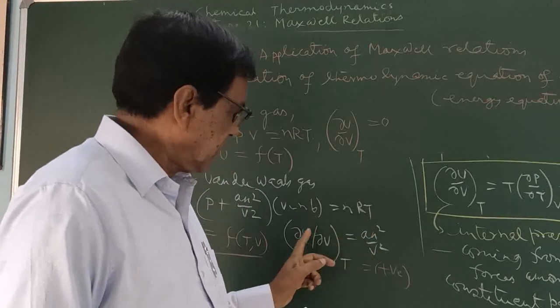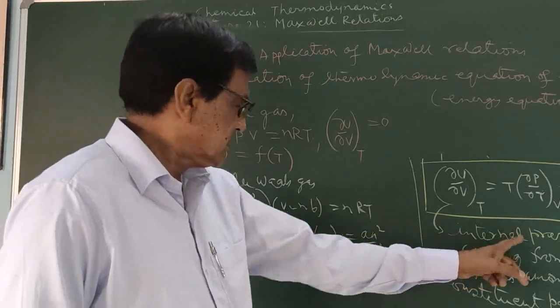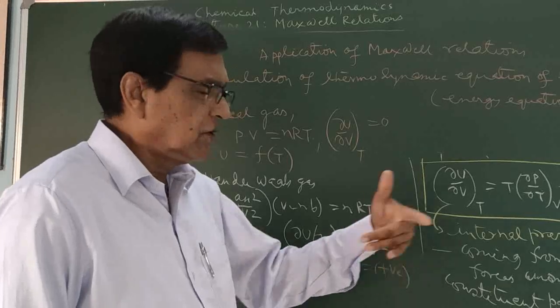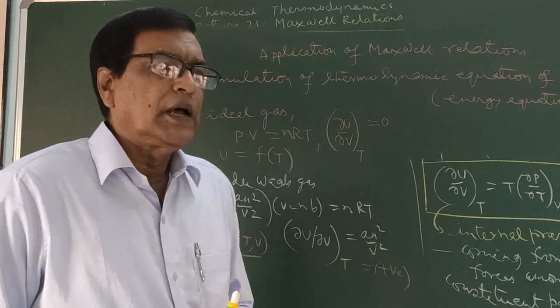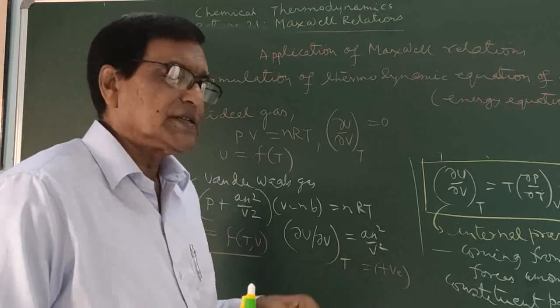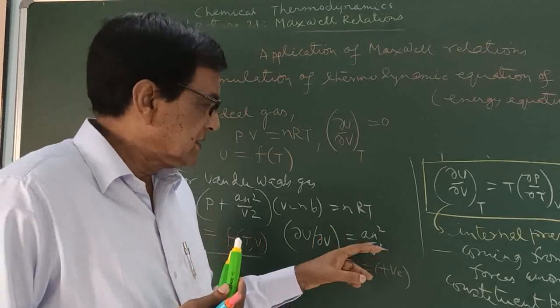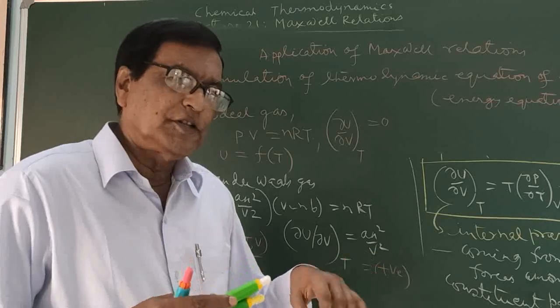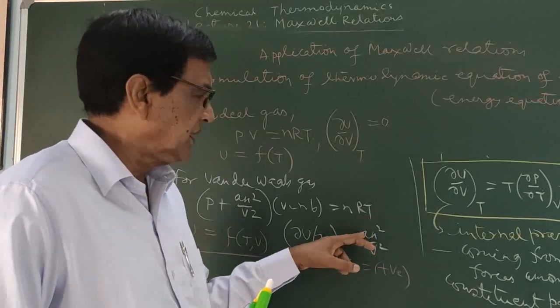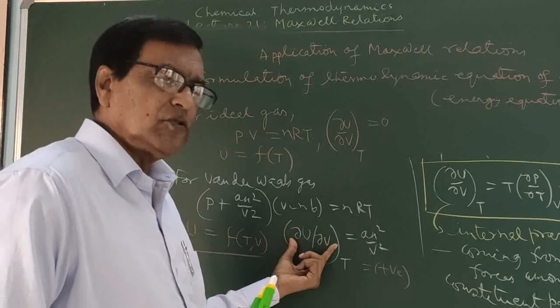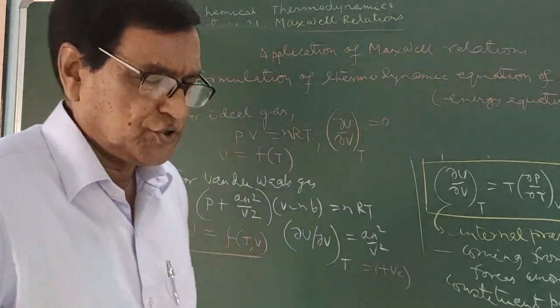Its value, the internal pressure, is non-zero and relatively small for real gases, but it is very high for liquids. In case of a liquid, volume is very small, a is very large, so this value will also be very large.